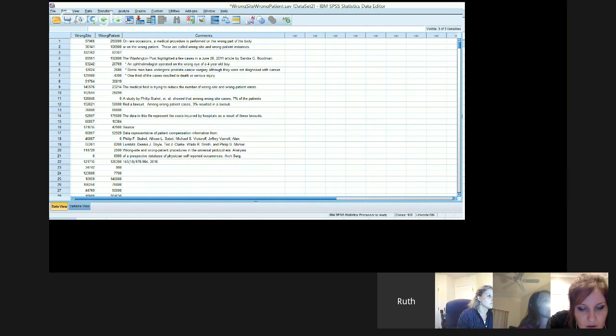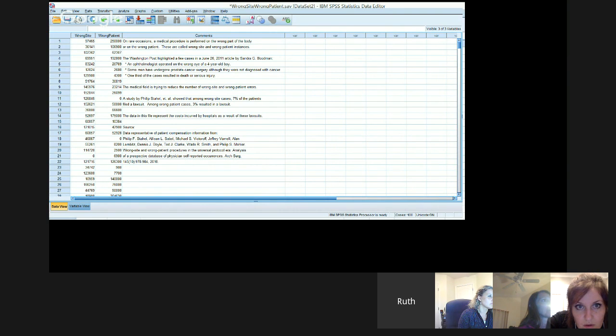So on questions 3 and 4, on a rare occasion, a medical procedure is performed on the wrong body part of a patient's body or on the wrong patient. These are called wrong site and wrong patient mistakes. Such errors occur hundreds of times each year across the United States. The medical community is trying to eliminate these errors, but have had difficulty reducing their frequency. In a small percentage of these cases, the patient files a lawsuit against the hospital.